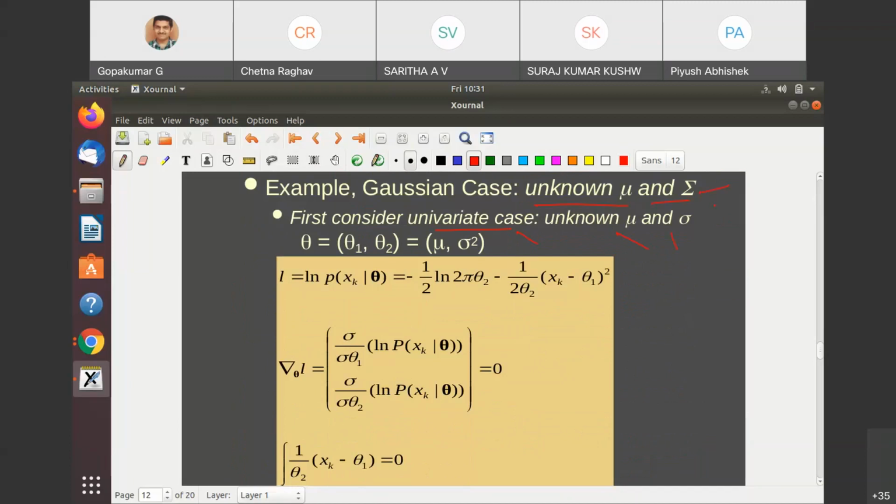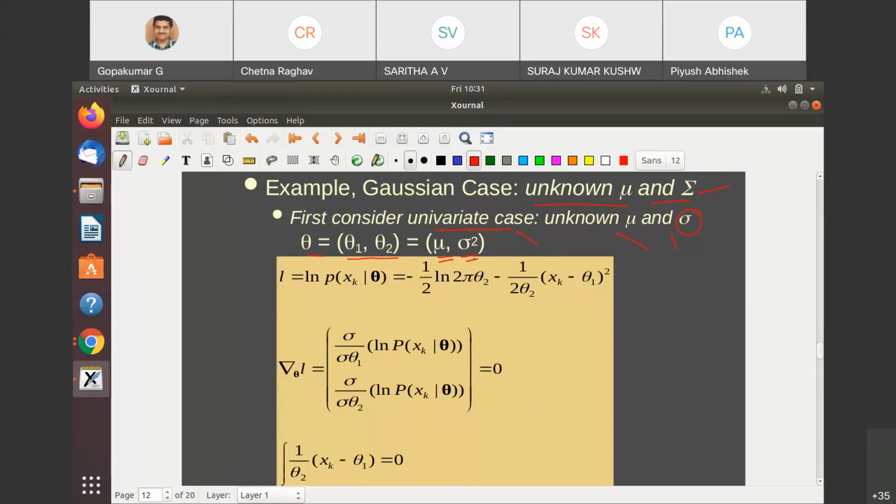Instead of the capital sigma covariance matrix, we will have only one variance, because we have only one attribute, that is, only one feature. So the parameter vector is theta 1, theta 2: the first parameter is the mean value and the second is the variance. There is no covariance because we have only one feature.